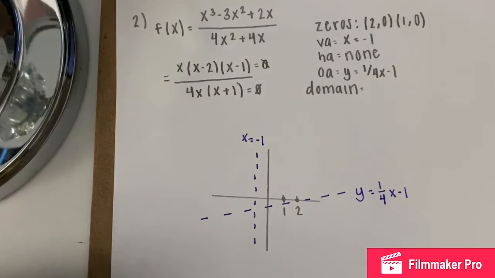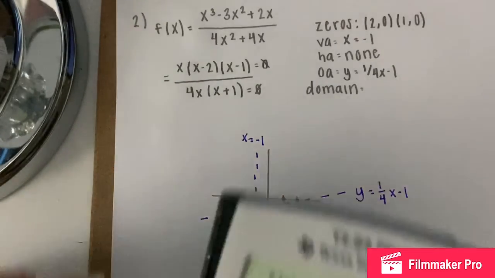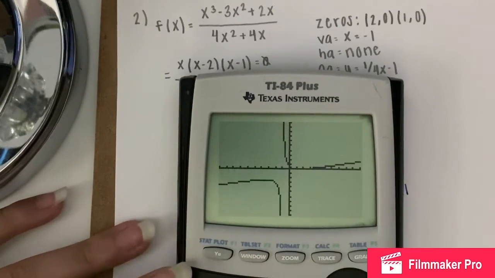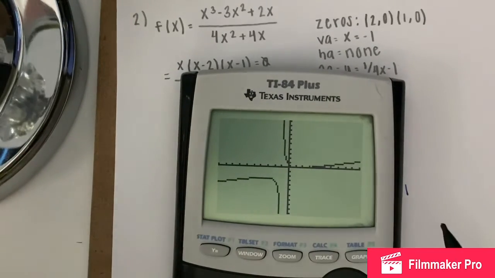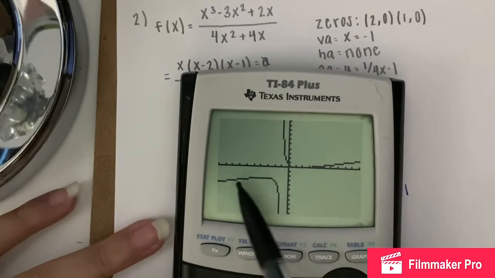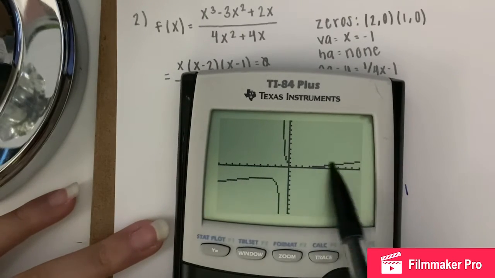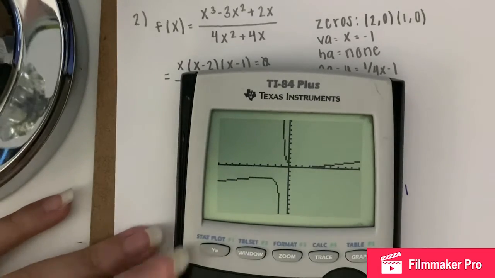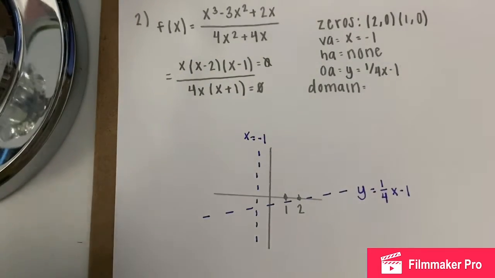Okay, and now once we do that, we're just going to put it into the calculator, which I've already gone ahead and done. And we're just going to graph it, and this is what our graph should look like. And if we imagine that we have our asymptote line going from here to here, it makes sense.